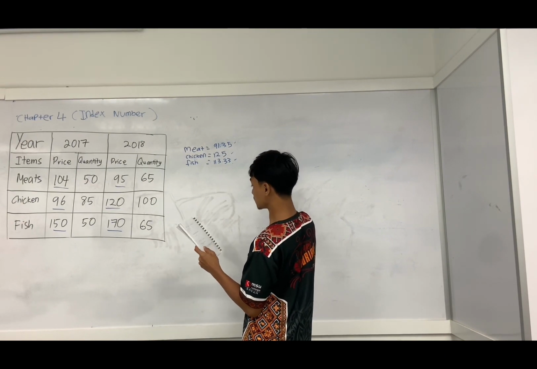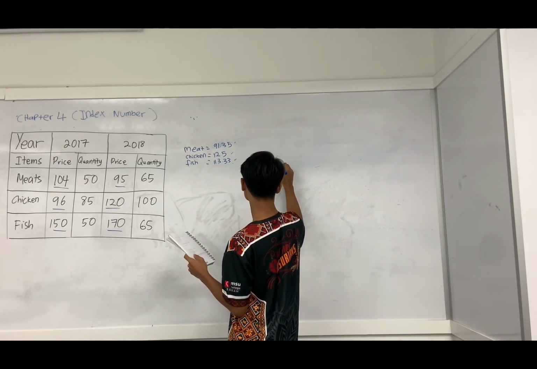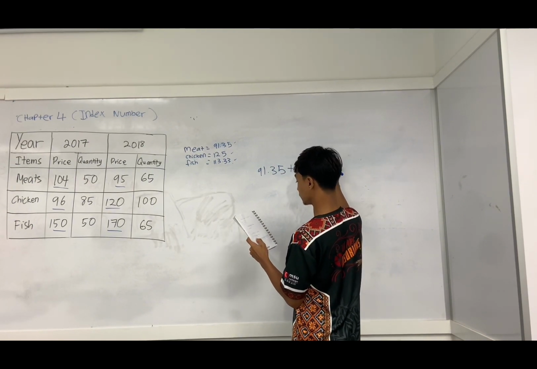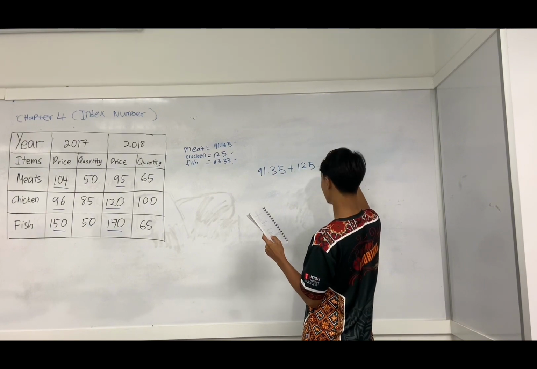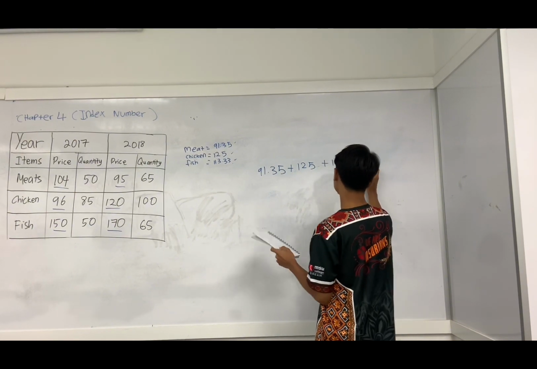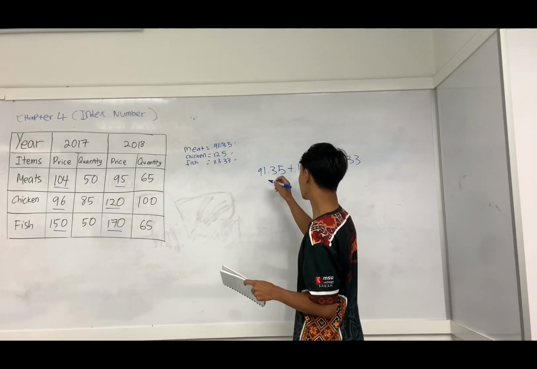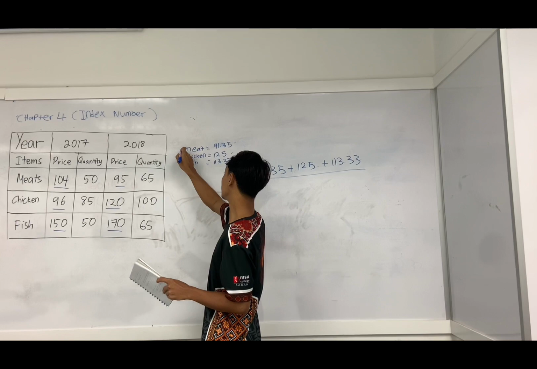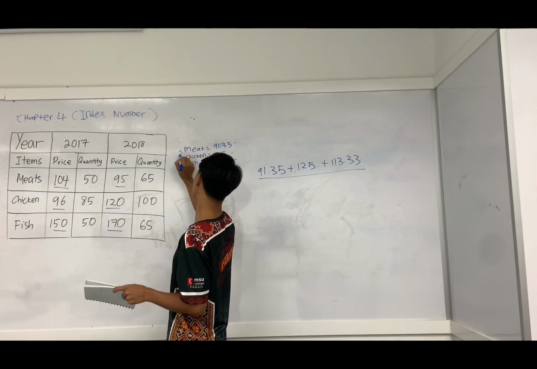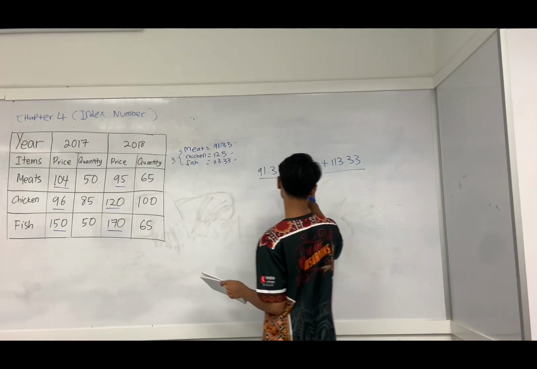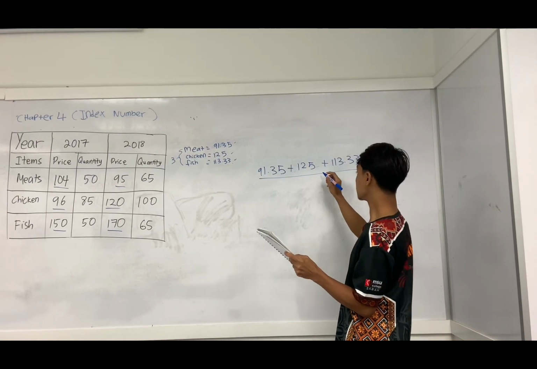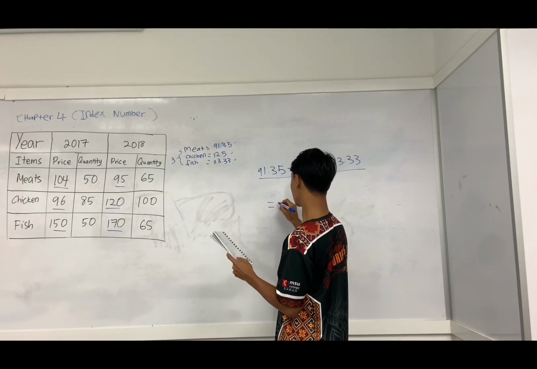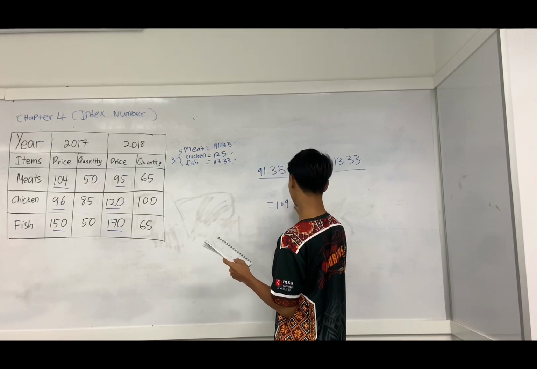So we need to add all these over the total number of items. We need three in total. So all these answers we divide by 3, and the answer is 109.9.